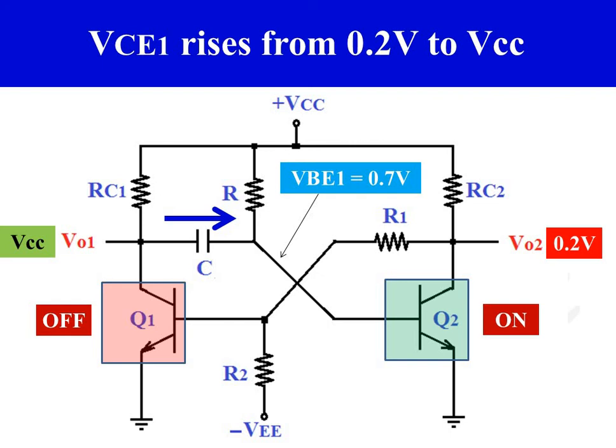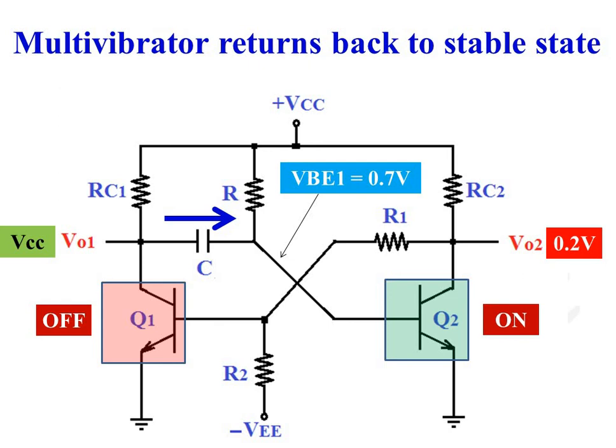Transistor Q2 remains in the on condition, and we can say that the circuit returned back to the stable state. And the circuit remains in this state until a negative pulse is applied to the base of the on transistor Q2.